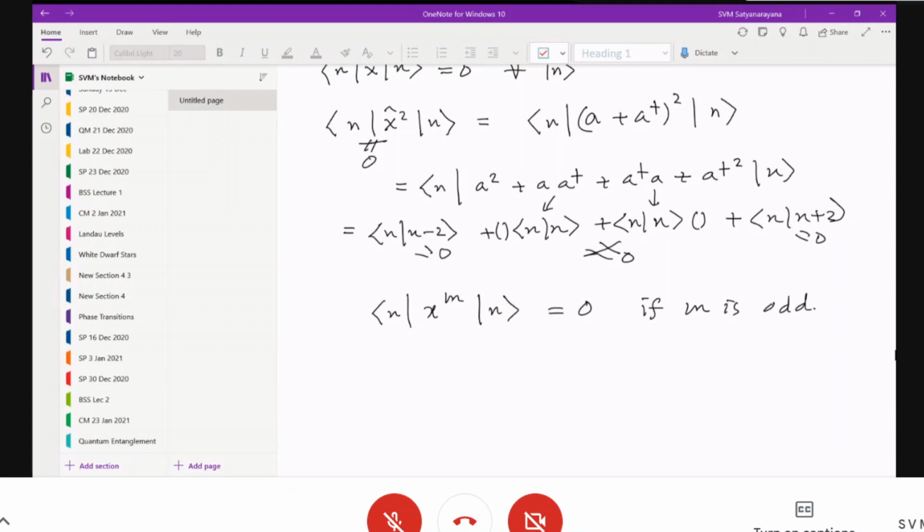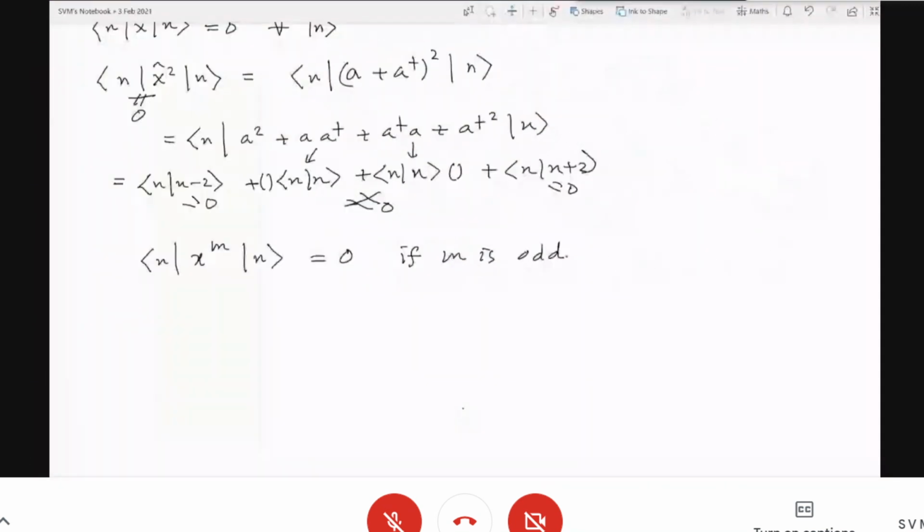It will always leave an unpaired raising or lowering, giving rise to a different state whose inner product will kill that term. So this is another argument to say that only the even powers will contribute to what is called first order correction to this Hamiltonian.